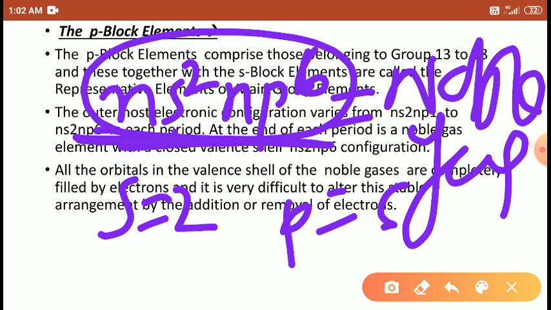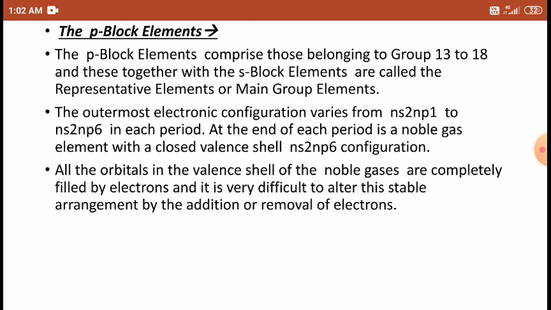All the energy levels with their respective orbitals are completely filled with electrons in the noble gases.